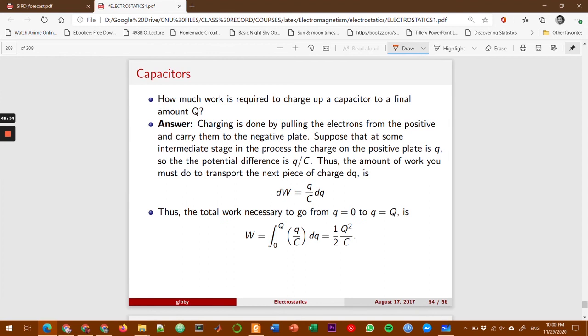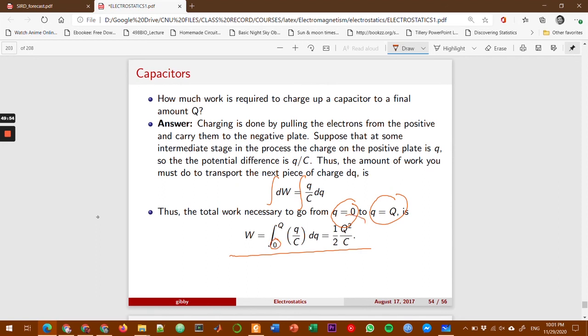But anyway, if you integrate this, you will actually get this formula. That's the total work needed to go from zero charge to a total charge Q, so your limit is from 0 up to Q. It makes sense because we get the right answer.